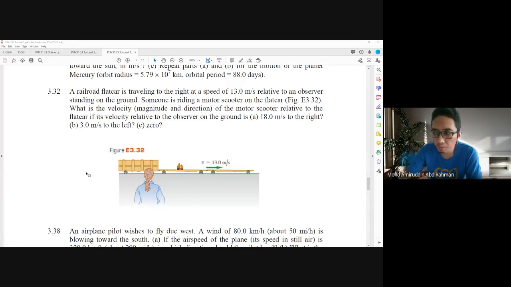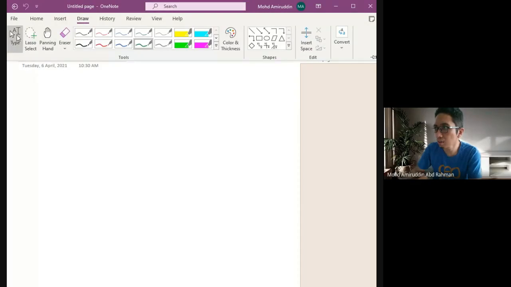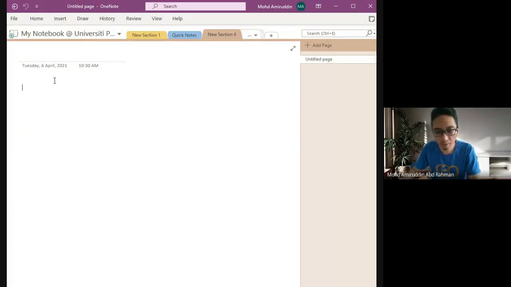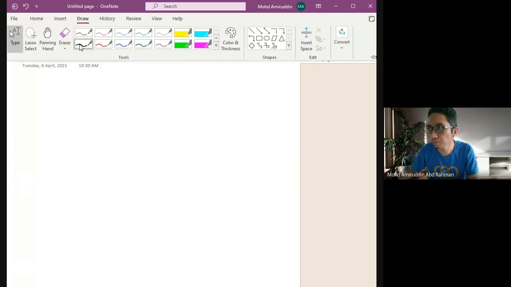As we learned yesterday about the relative velocity, let's write it down.